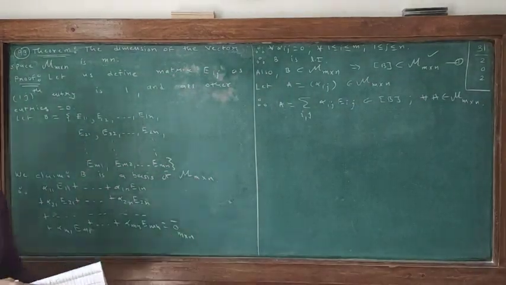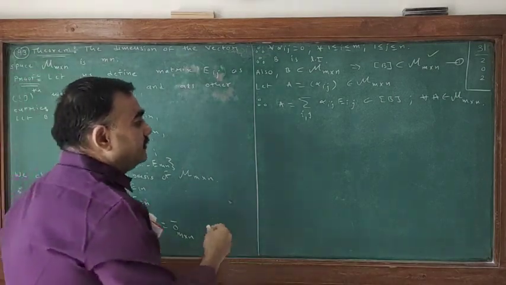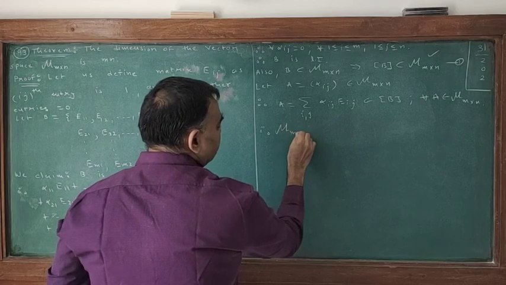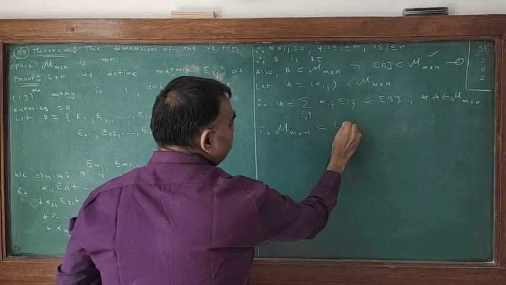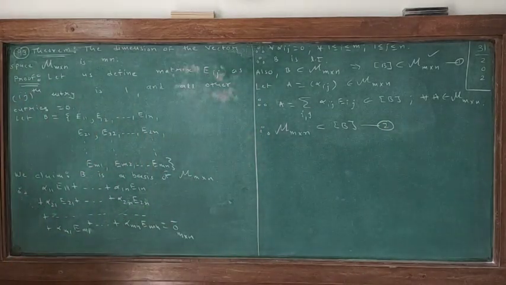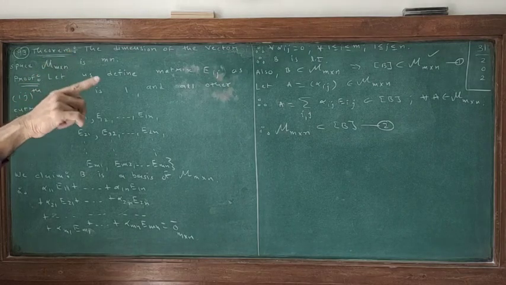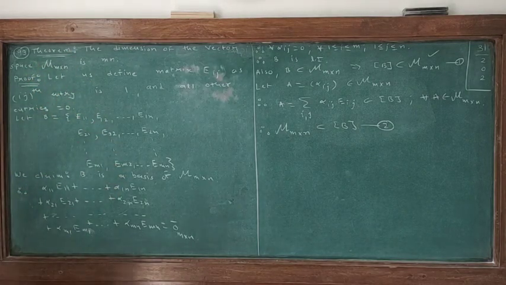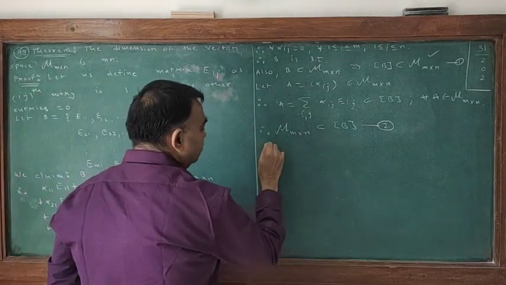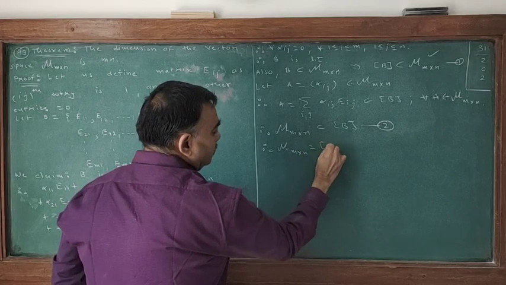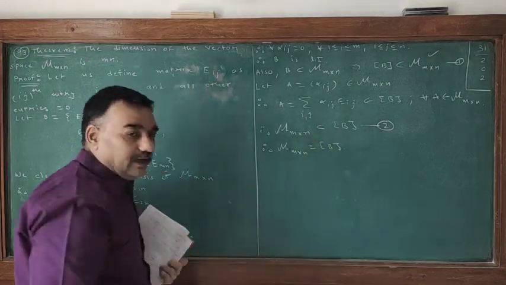And this shows that m cross n is a subset of span of B. We say this is equation number 2. In equation 1, span is a subset of that. In equation 2, that is totally reversed. And therefore, m cross n equal to span of B.